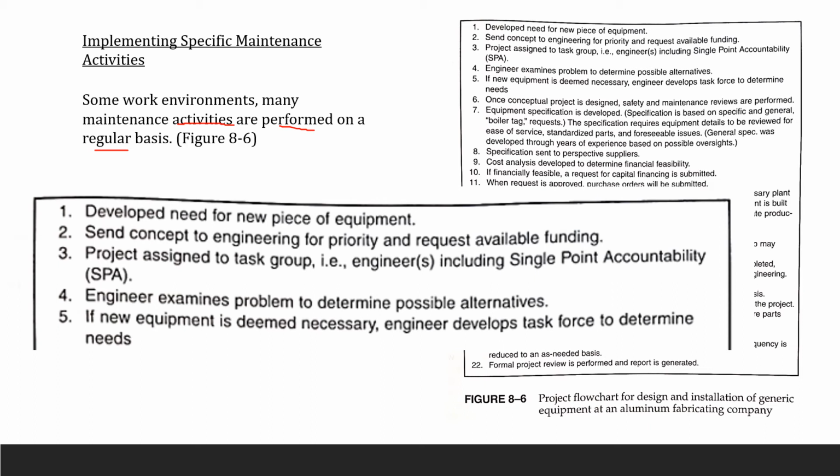First they said develop need for new piece of equipment. Send concept to engineering for priority and request available funding. Money, give me money. Project assigned to task group. So these are all of your activities, and you're going to write that down. Make sure these activities are something that you're performing regularly.